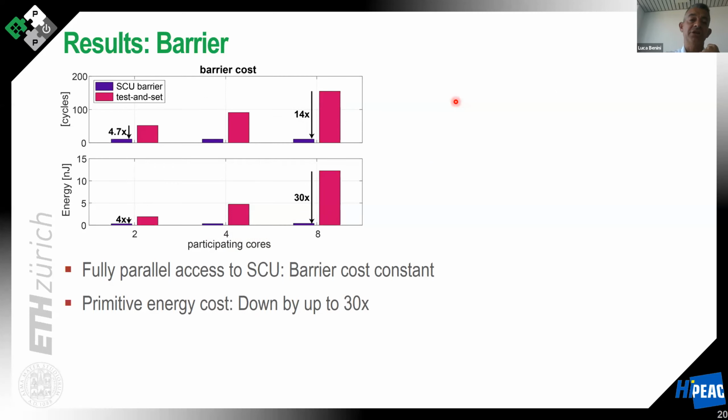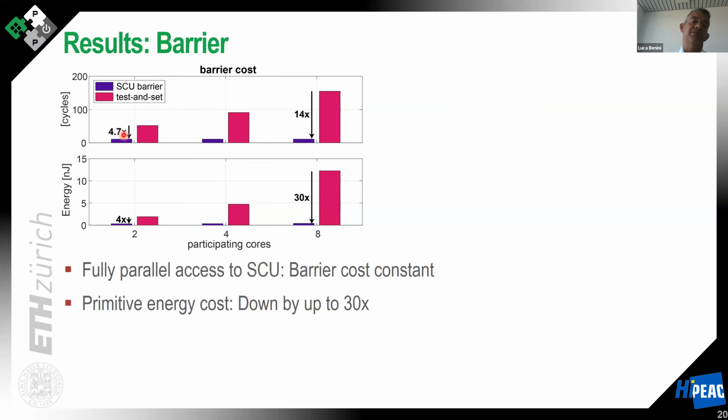Oh, yes, it is actually important. You can see from these plots that, compared to a test and set barrier that is using an atomic variable, the traditional way, even on the local memory, so the atomic access is very short, it's only a couple of cycles, but it has the problem of polling.